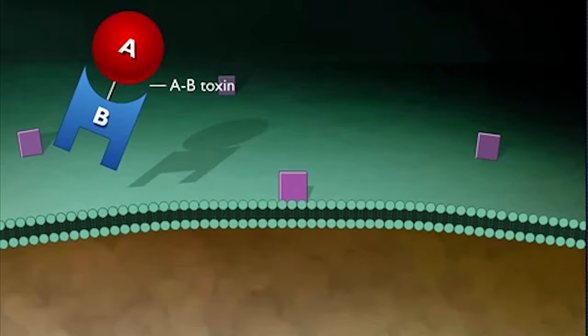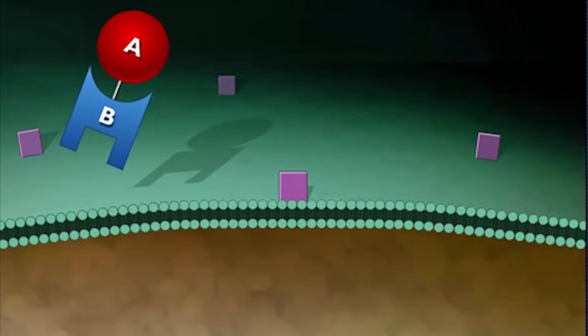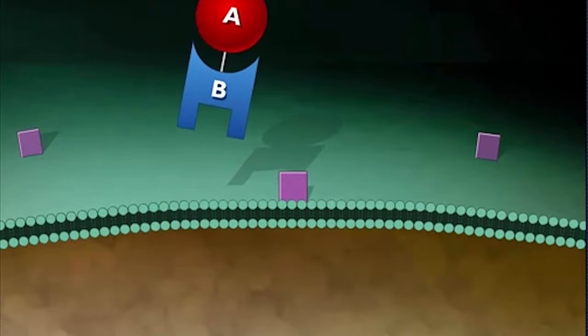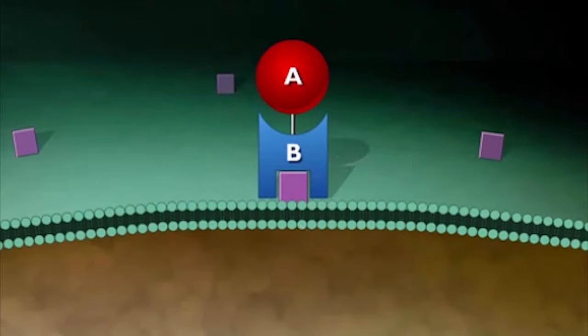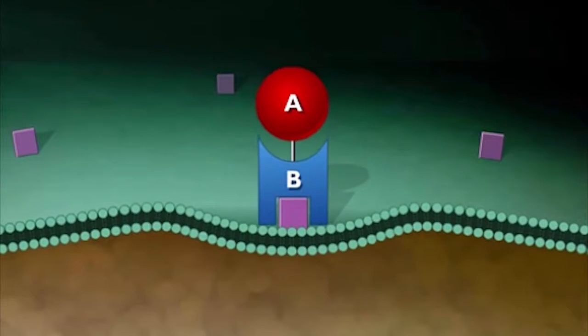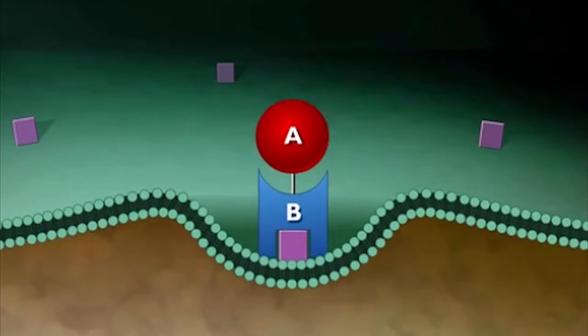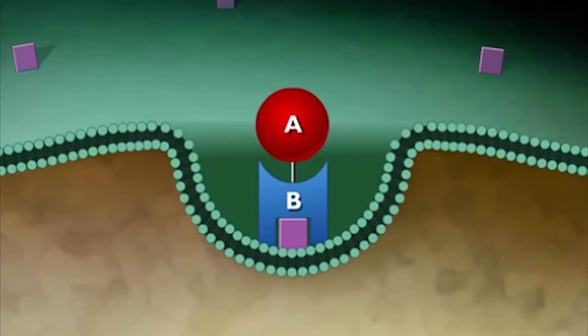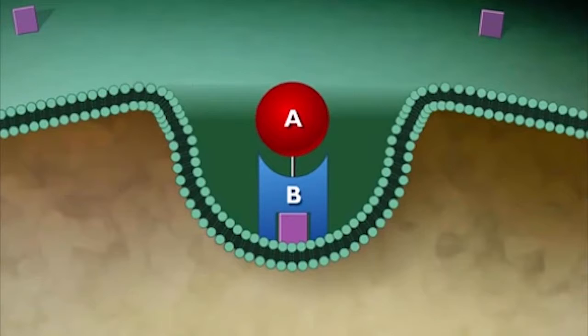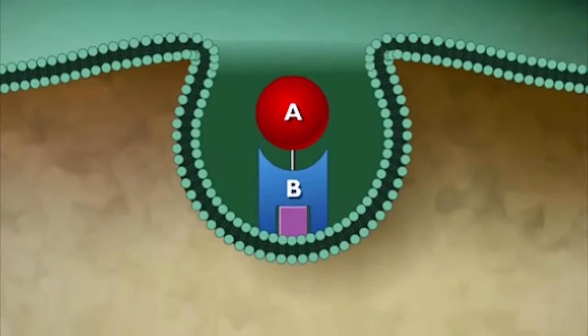Exotoxin A consists of two portions, portion A and portion B. Portion B binds to a receptor present on the cell membrane. Portion A is an enzymatic portion that has toxic properties. Once portion B has bound to a specific receptor on the cell membrane, the whole AB unit internalizes by a process called endocytosis.